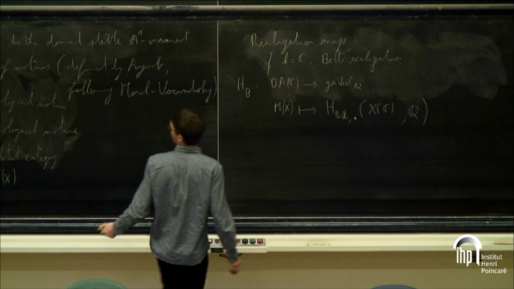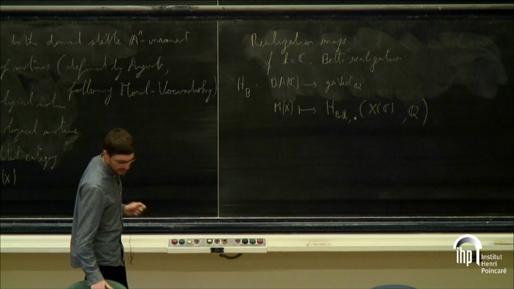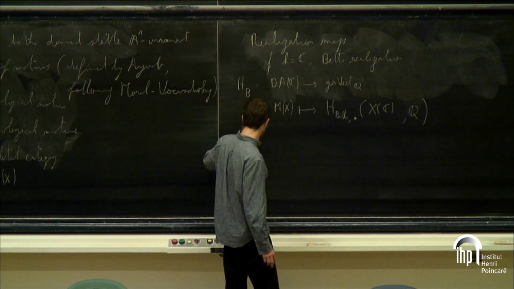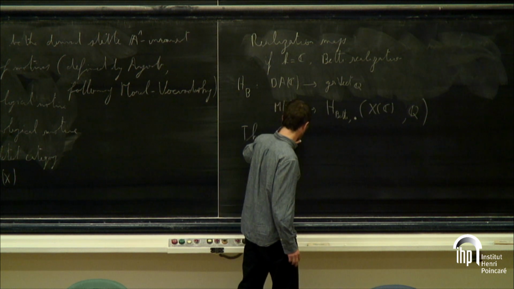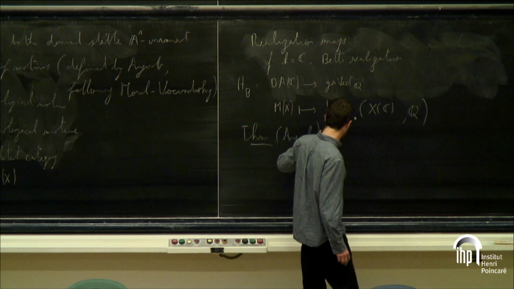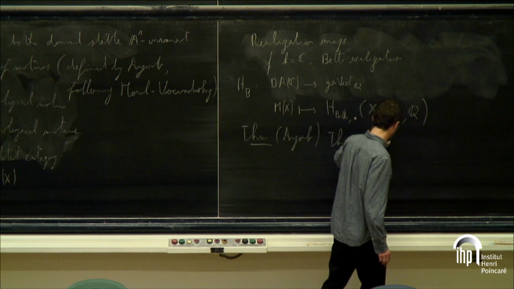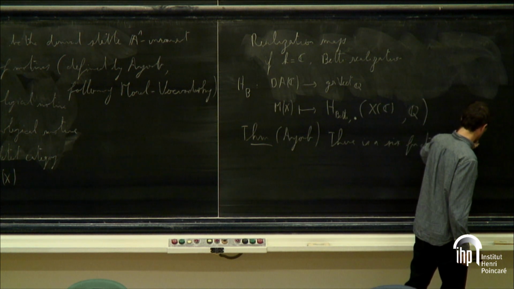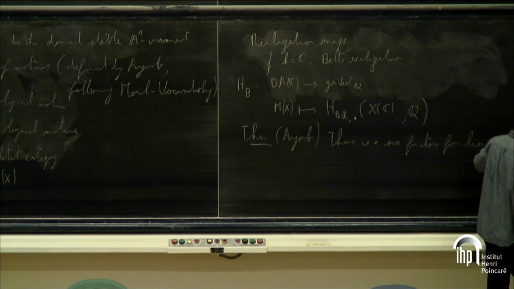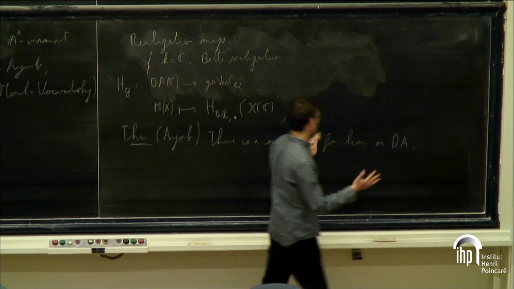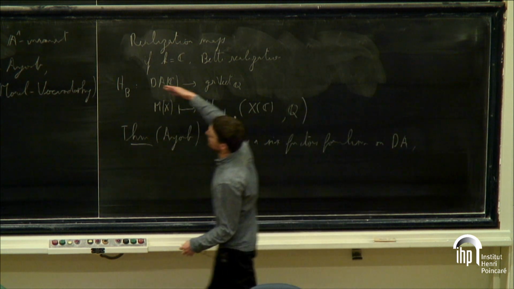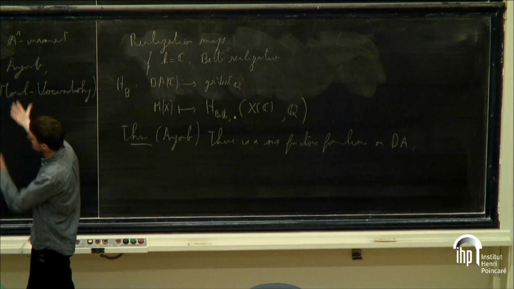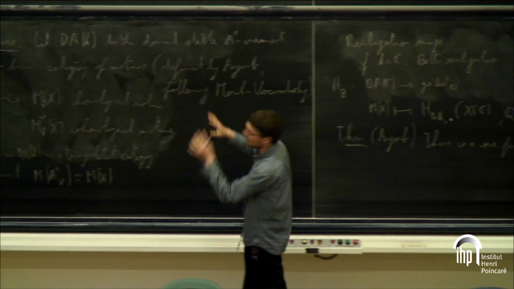Okay, and an important theorem on this category, which was proven by Ayoub, is the existence of a six-functor formalism. By this I mean that you can also define motives over any base S, and if you have a morphism between, let's say, X and Y, you will get push-forwards and pullbacks between the categories.